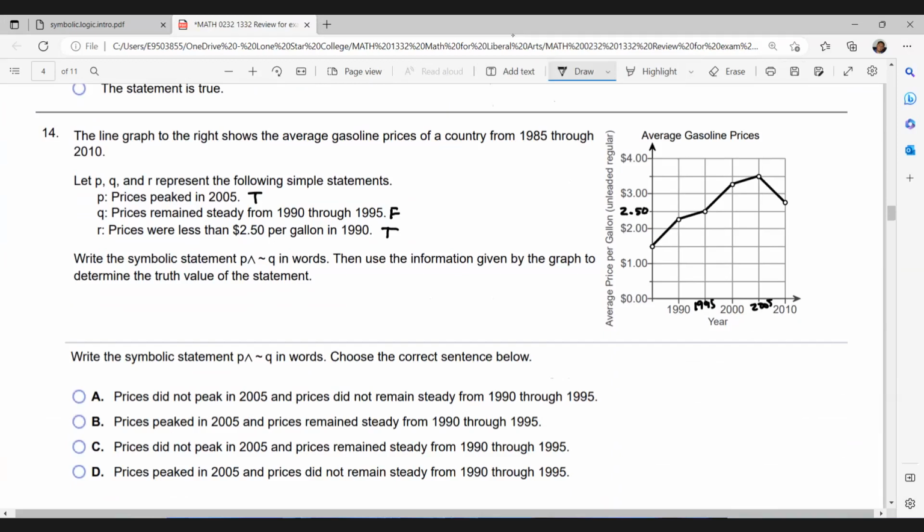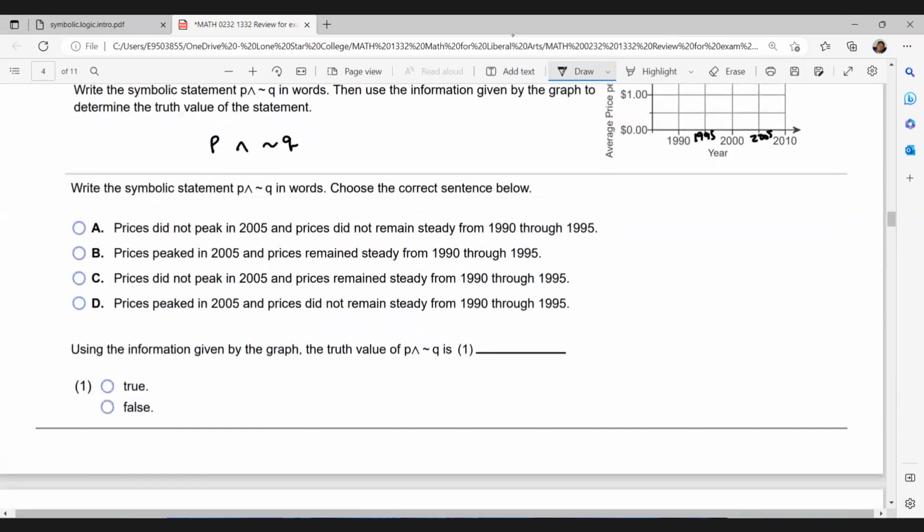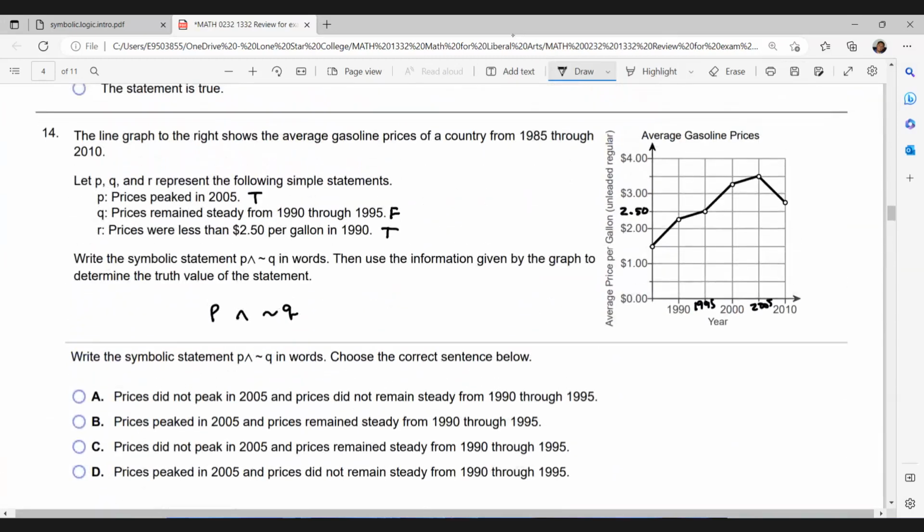And so write the symbolic statement P and not Q in words. Okay, so is there a part A and a part B to this? Yes, there is. So prices peaked in 2005. I'm canceling this off, so I'm down to either B or D. Prices peaked in 2005, and I need to see an and here.